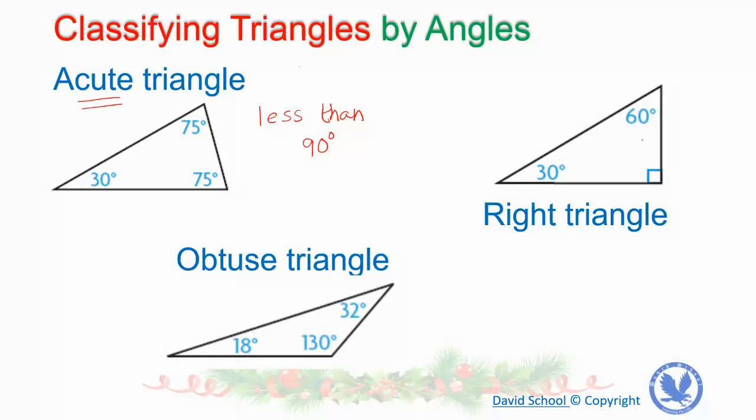If one angle is equal to 90 degrees, then we call it a right triangle. So here, this is 90 degrees, and we can see the other two angles are acute, 30 and 60. In an obtuse triangle, one angle is more than 90.